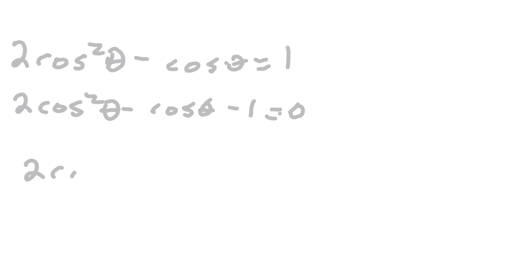Well, I know that this is going to be 2 cosine theta in the first position here. No, I'm just using trial and error. And this is going to be cosine theta. Let me move this parentheses over for some reason. I didn't give myself enough room here. So we know that's going to be in the first position.